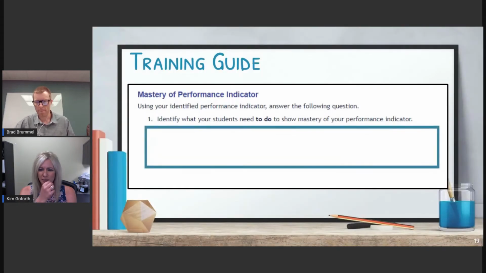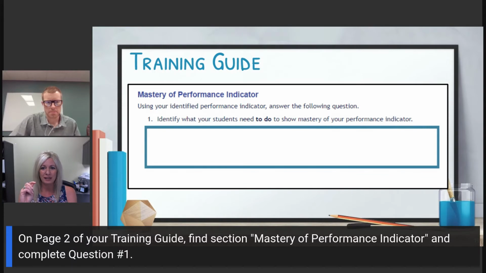Perfect. Those are great examples, Brad. And I like that the assessment tool speaks to the verb level that you talked about in the performance indicators. I think that's awesome. We're going to give you a chance now to take the performance indicator that you have selected for your district, for your students, for your community, and look at the to-dos.